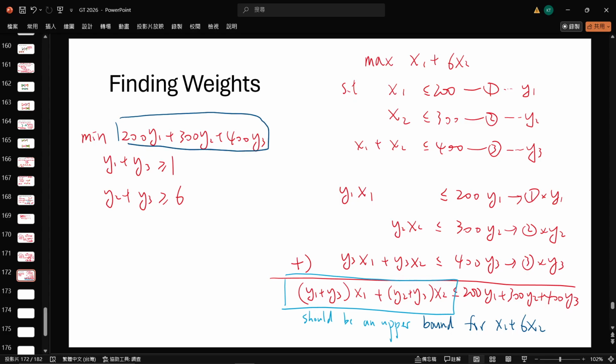So intuitively, this is to find a small upper bound. And this is to make sure that the weighted combination is an upper bound.